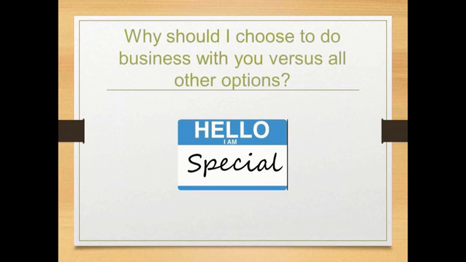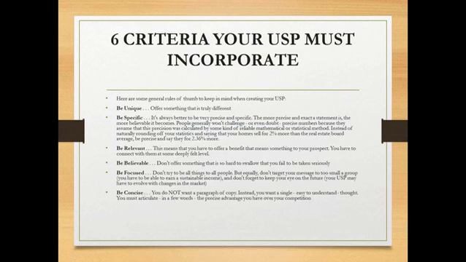Now let's take a step back and have a look at your situation. If somebody asks you, what makes you different from all the other real estate agents in town? In other words, why should I choose to buy or sell a home with you versus all the other real estate agents in town? What would you say to them? And it can't be things like, I'm honest, or I work hard, or I really want your business, because of course everyone is saying those things.